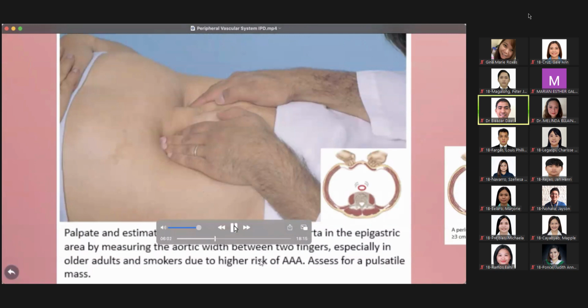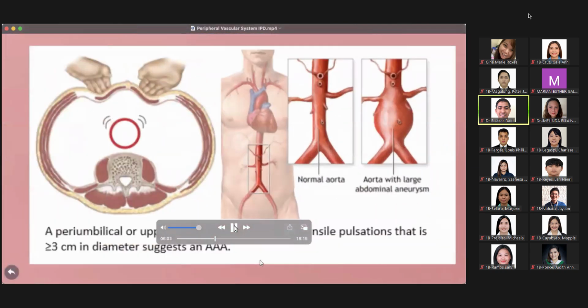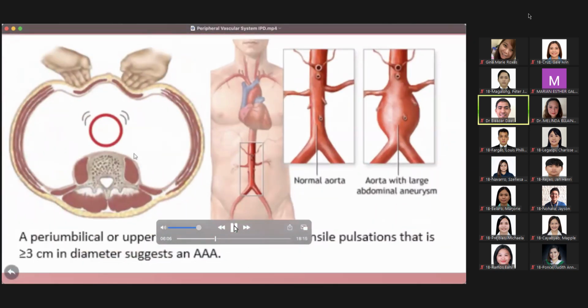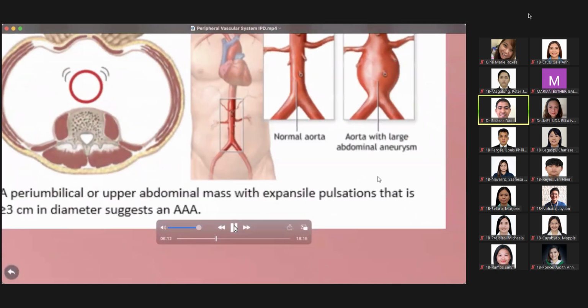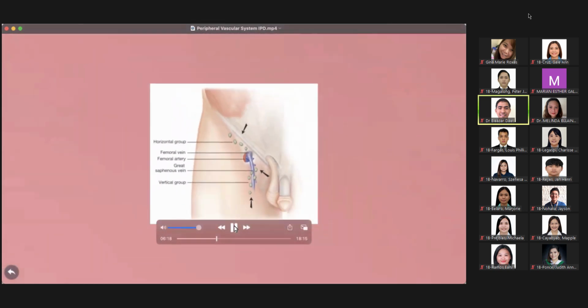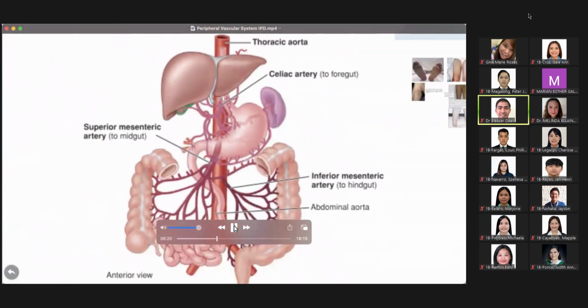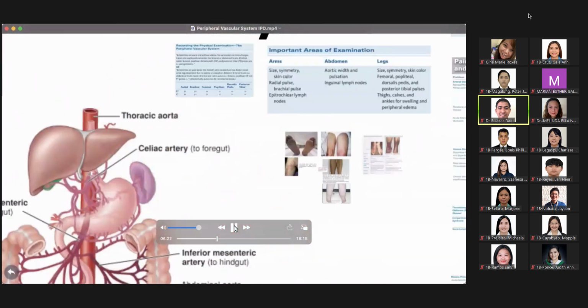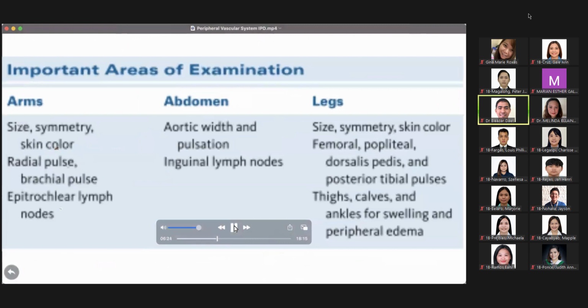You can measure the aortic width between two fingers. If it is more than 3 centimeters in diameter, it is suggestive of abdominal aortic aneurysm, the triple A. Next, you palpate for the superficial lymph nodes in this abdominal examination.